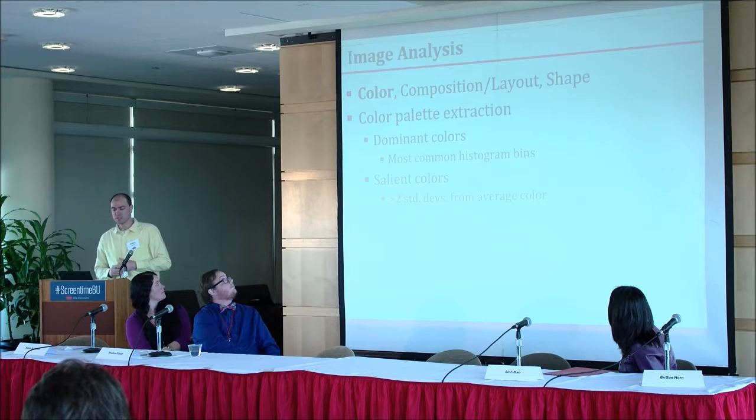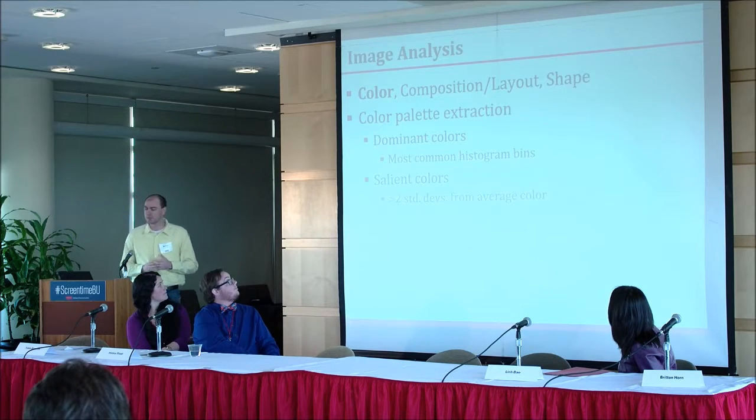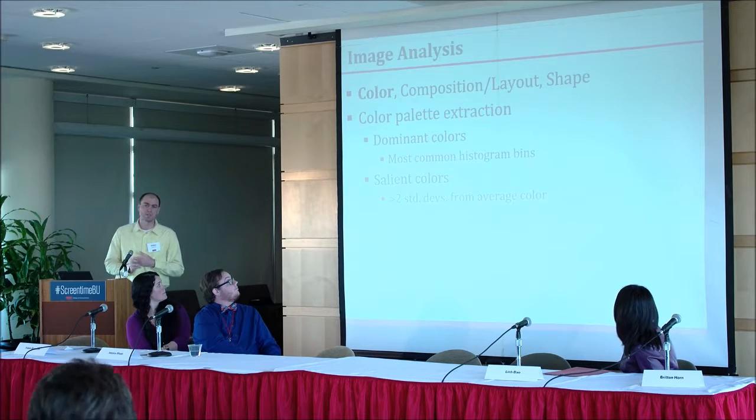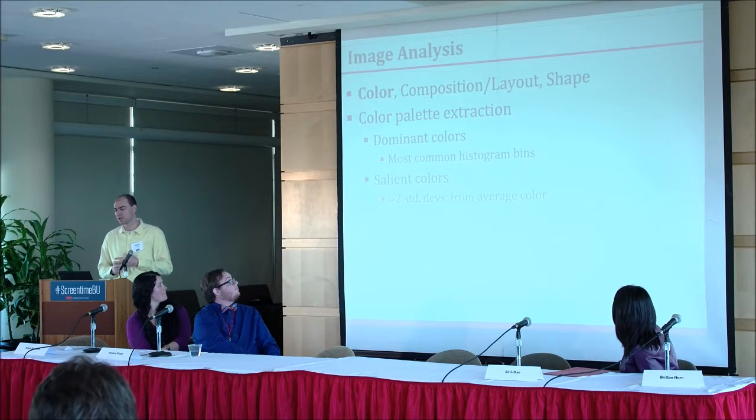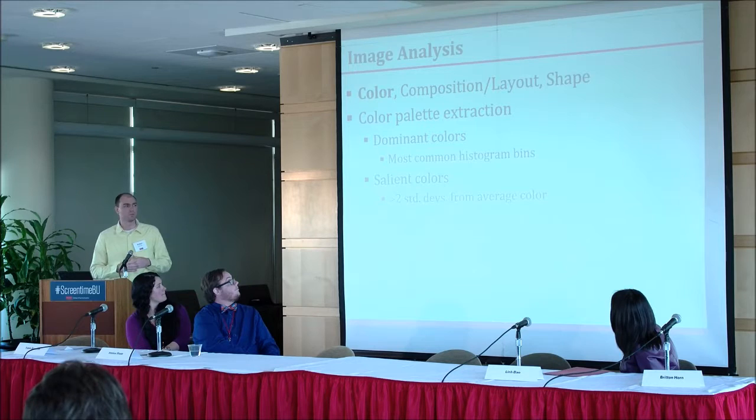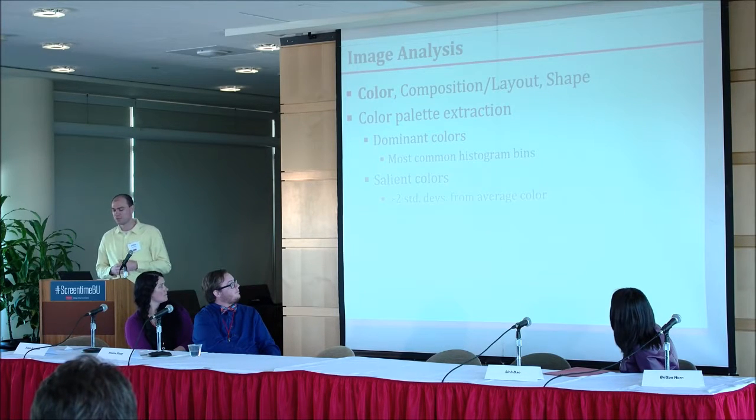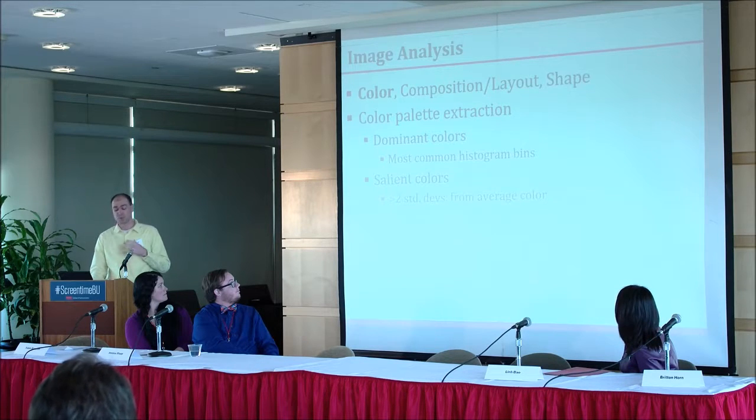So the first thing that happens is a color palette extraction, and there are 2 pieces to this. There are the dominant colors and the salient colors. Dominant is just the colors with the most pixels in your image, and salient are the things that are the most different from average, so they're the most eye-popping things.